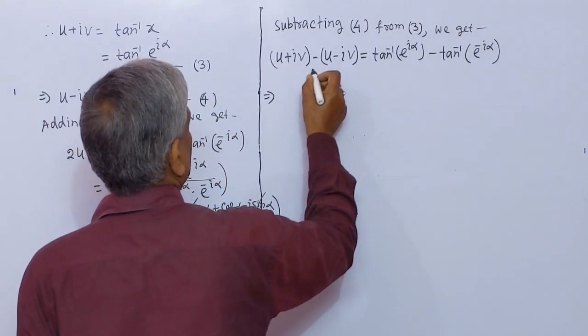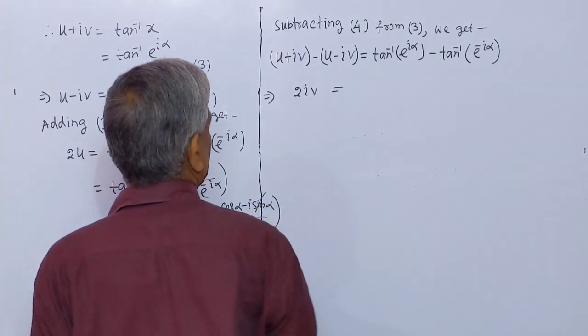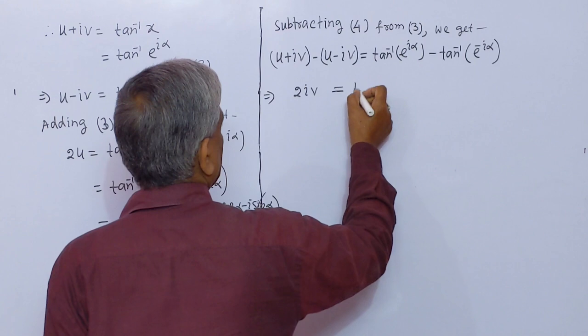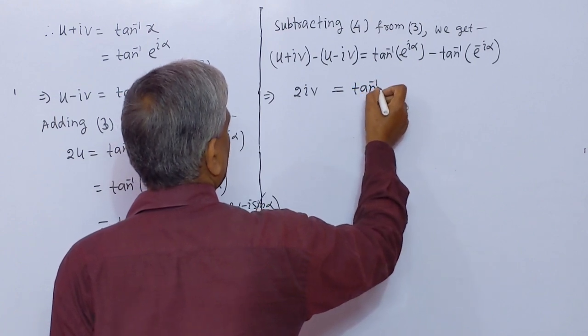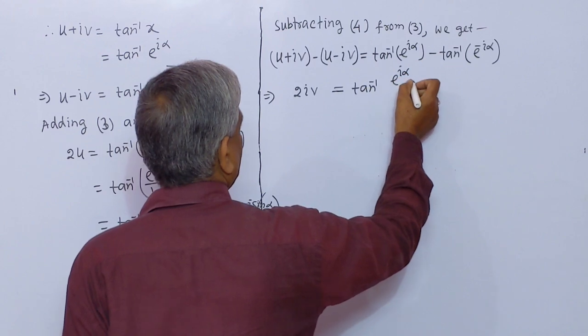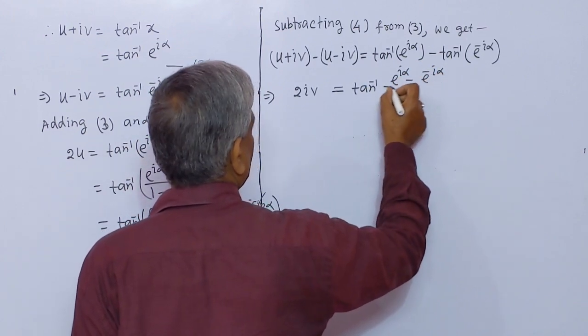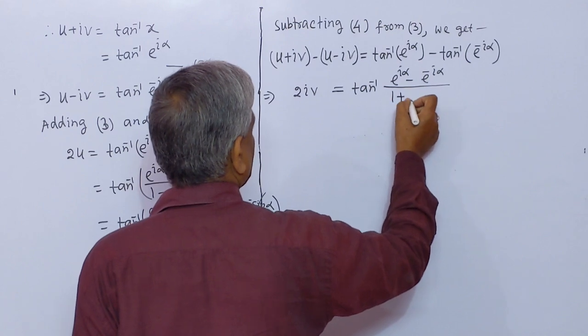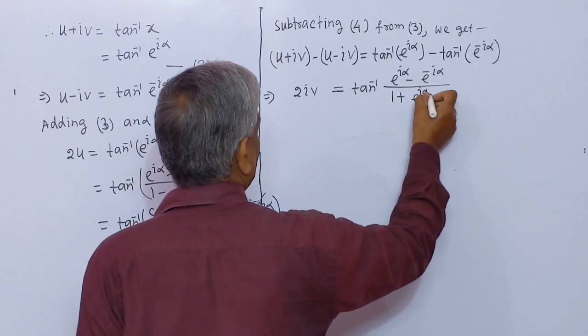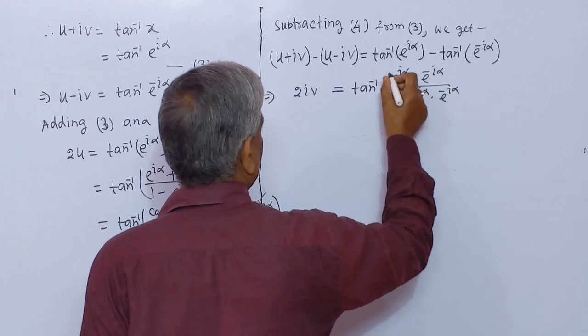Implies that 2iv equal to tan inverse of e to the power i alpha minus e to the power minus i alpha by 1 plus e to the power i alpha multiply e to the power minus i alpha.